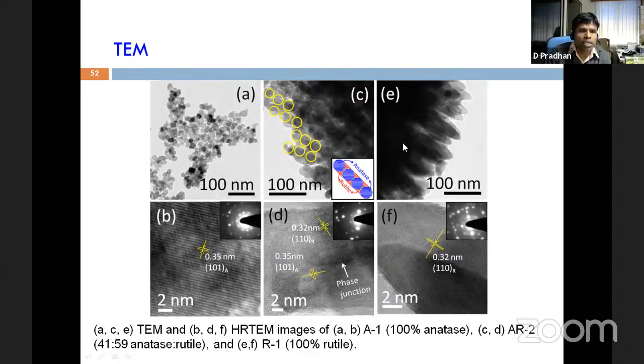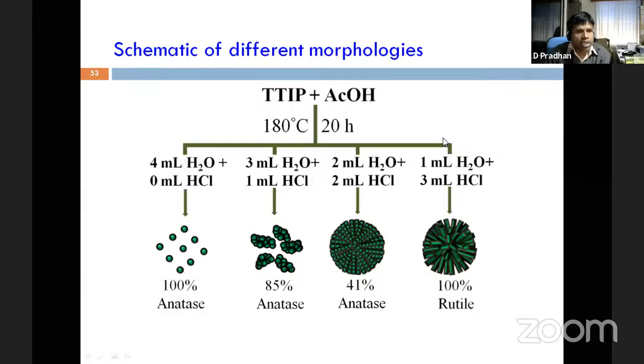As we keep on increasing the acid content, we can completely synthesize the 100% rutile TiO2, which is rod shaped. So this is the schematic diagram of how the shape changes from particles to rods, and simultaneously the phase changes from anatase to rutile, using a simple solution-based method.